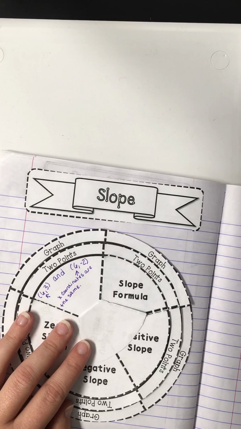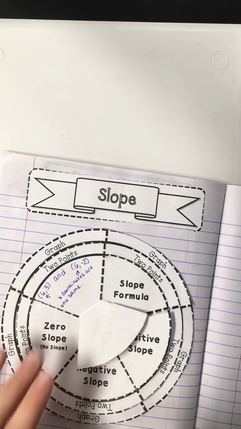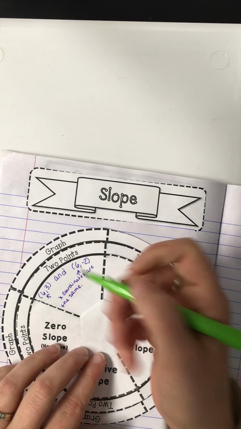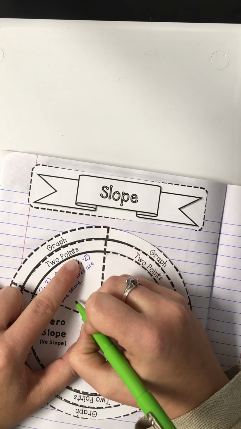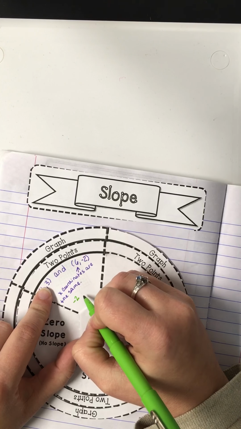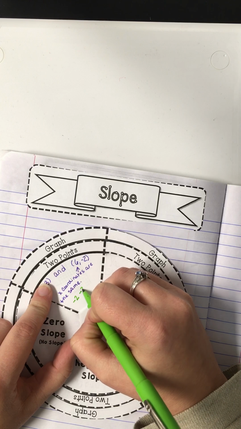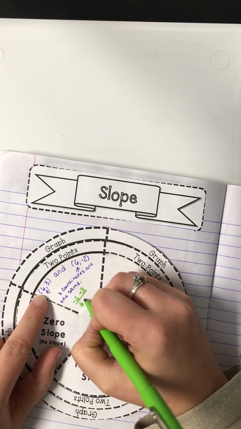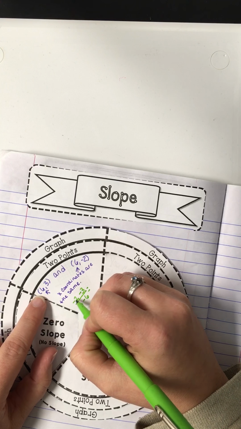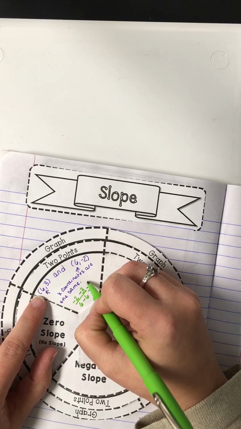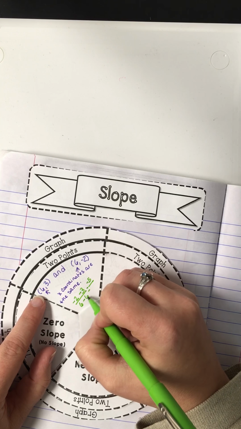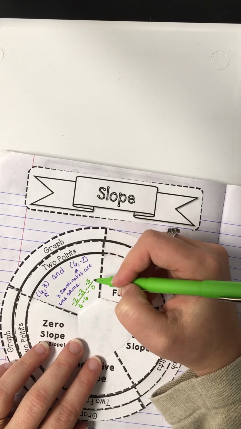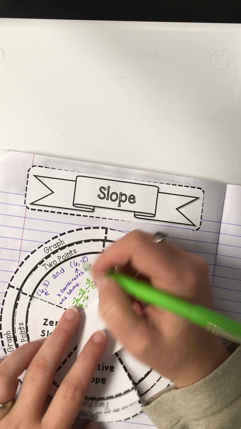Okay. So in the same way as before, whenever I plug it into my slope formula, y2 is -2, y1 is 3, so -2 minus 3 over x2, 6, minus x1, which is 6. -2 minus 3 is -5. 6 minus 6 is 0. Anything divided by 0 is undefined.